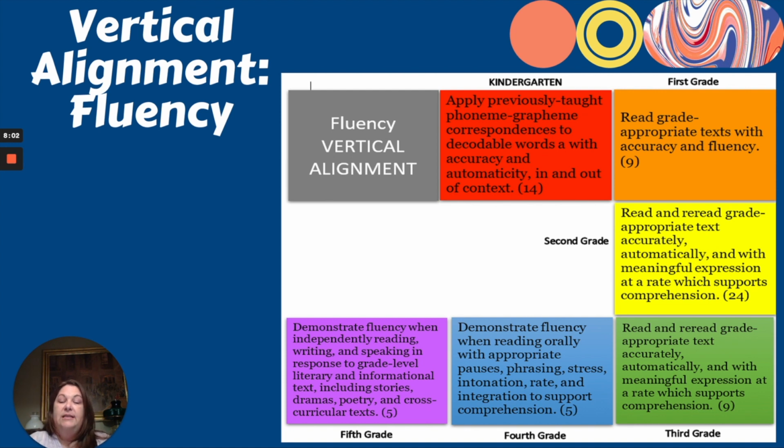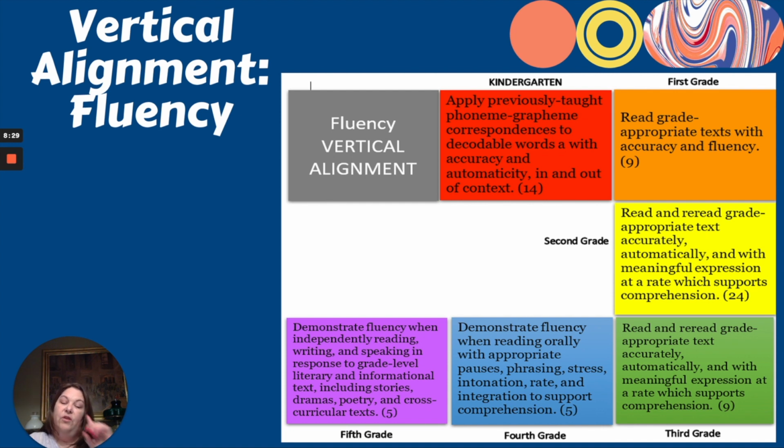What would we expect a kindergartner to be fluent in? That would include letter naming, letter sounds. What would fluency look like for a 1st grader at the beginning of the year? That might include blending and decoding. What would fluency look like for a 1st grader late in the year? What would fluency look like for 2nd grade?